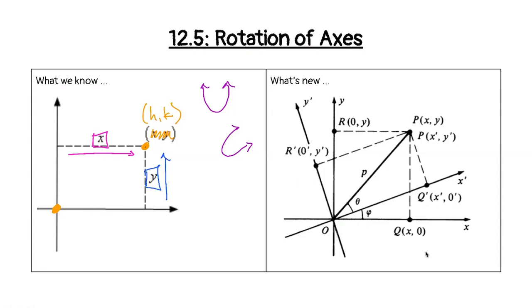Okay. But anytime we rotate the shapes, so if we rotate this parabola, the equation is going to be much more complicated. Or let's say that we had an ellipse and we rotated it. Okay. The new equation is going to be much more complicated.